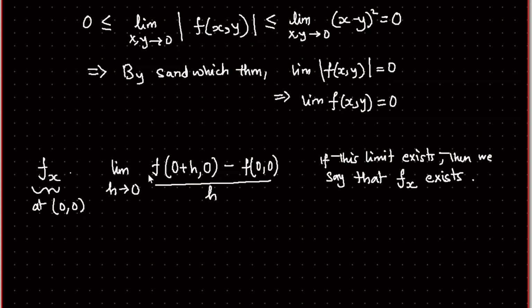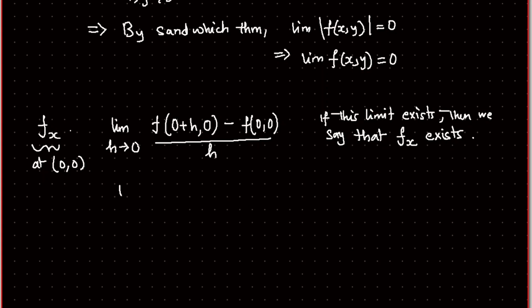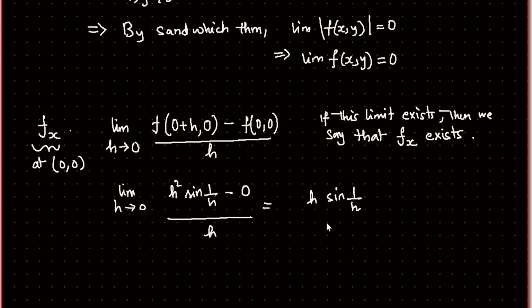So what will this be? This would be h² sin(1/h), minus 0, divided by h, which is nothing but h sin(1/h). Now observe that if I take the modulus of this, it will be less than or equal to the modulus of h, because sine is less than or equal to 1, and it will be greater than or equal to 0.